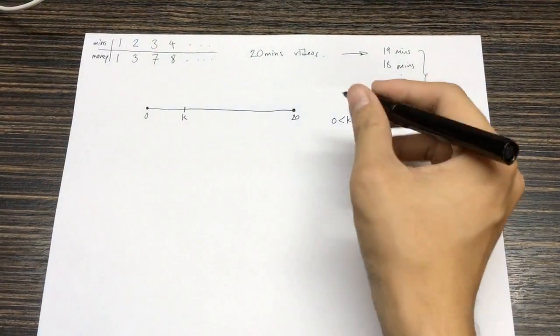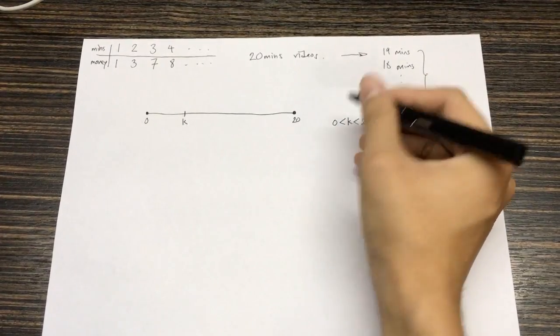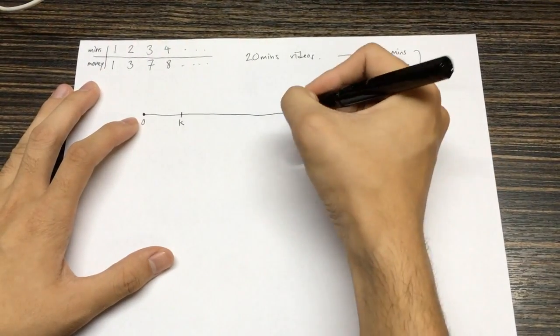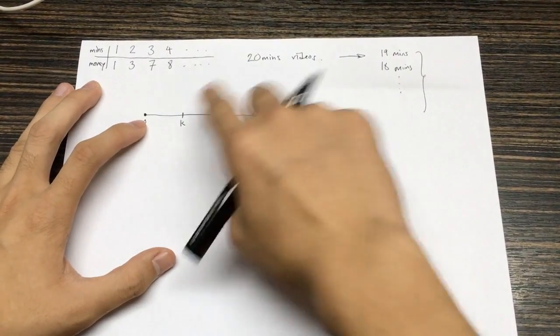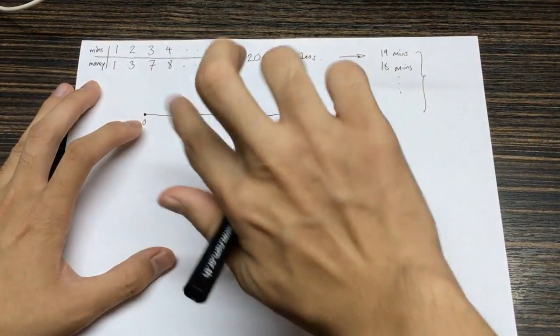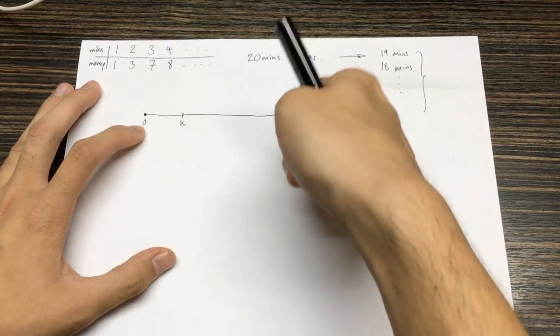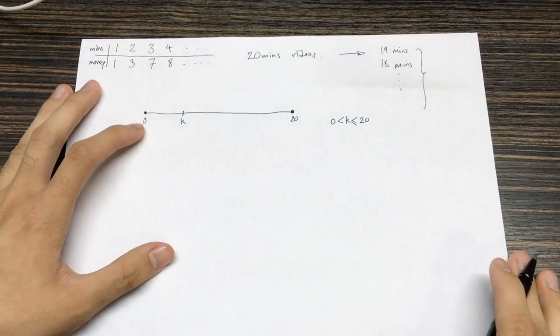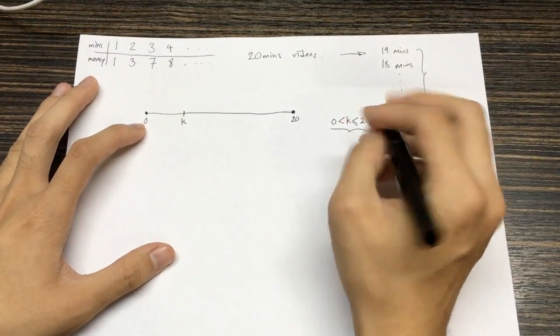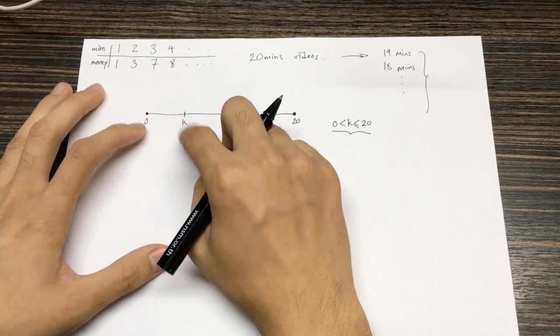In fact, I am going to say that we can split this first video right at 20 minutes, so I'm making this inclusive of 20. That is like not bothering to split the video at all, just uploading the whole 20 minutes at once. But you know what I mean. So suppose this is our k. k is just the first place where we split our video.